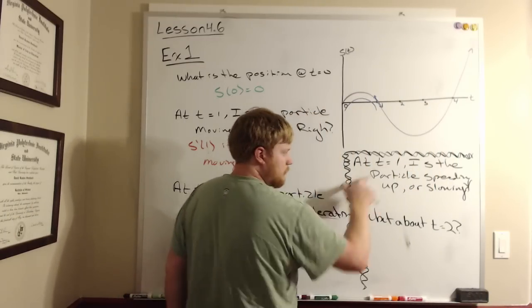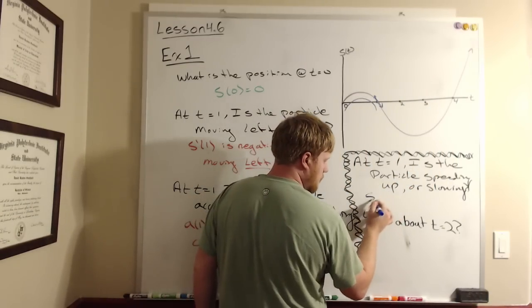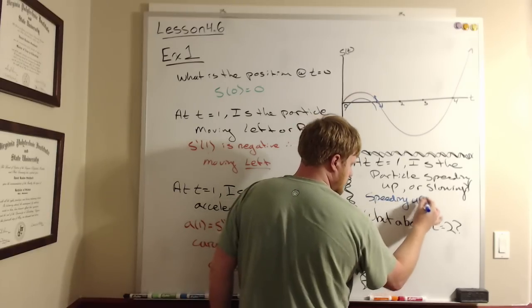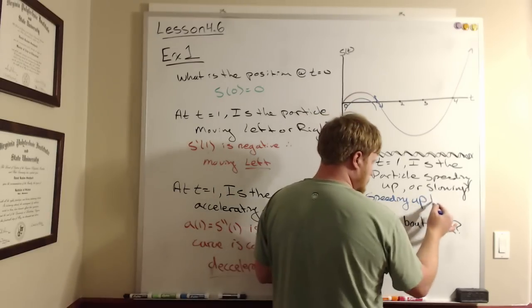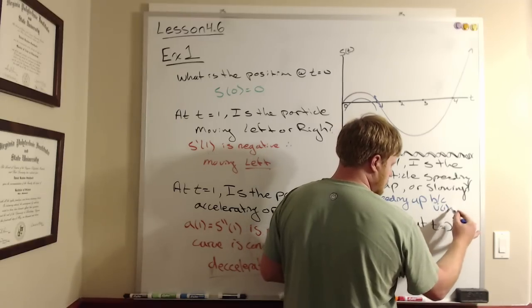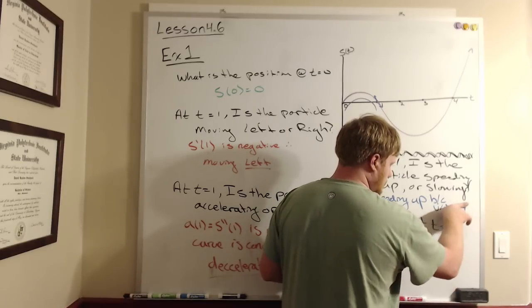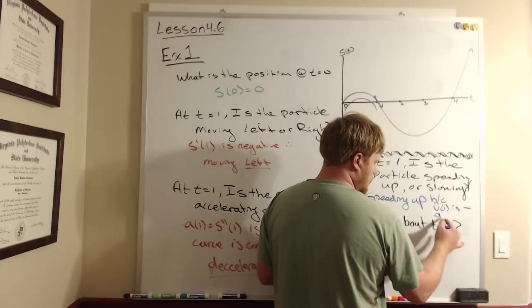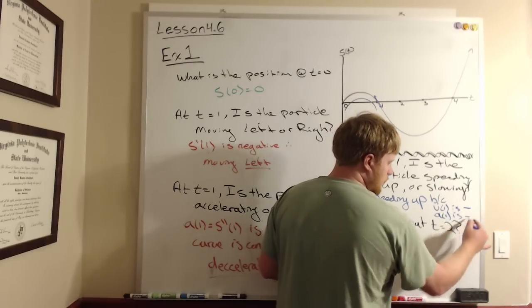So at time t equals 1, the particle is speeding up because the velocity at 1 is negative, and the acceleration at 1 is negative.